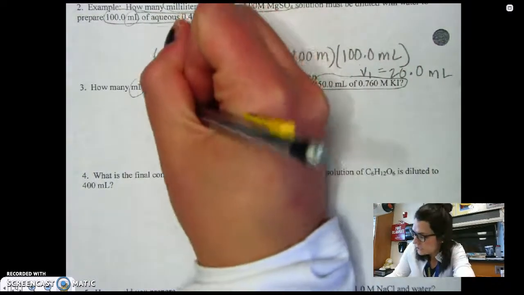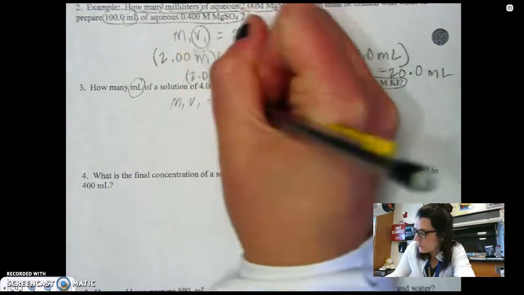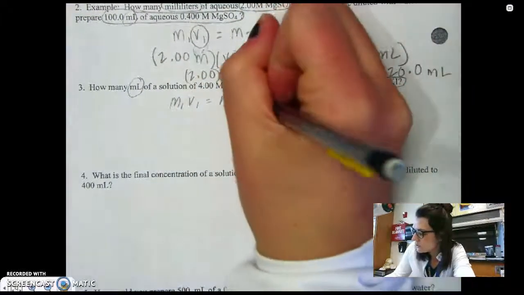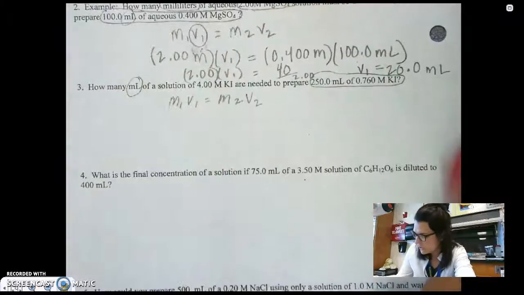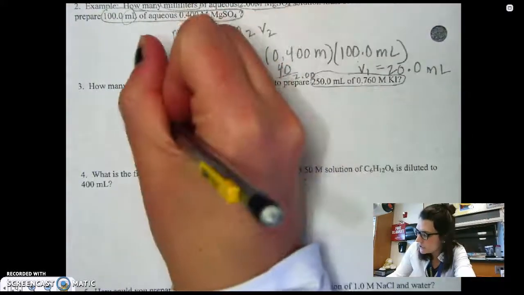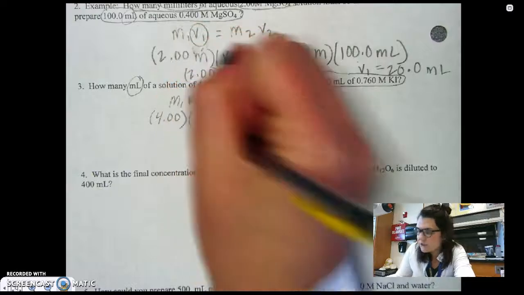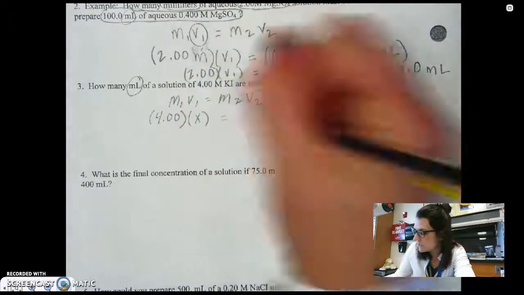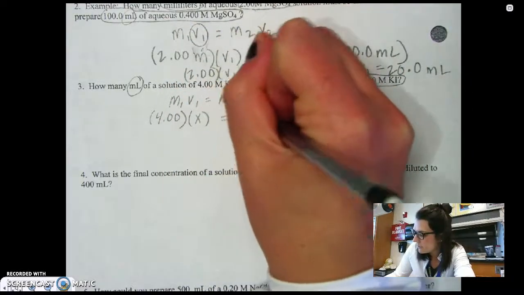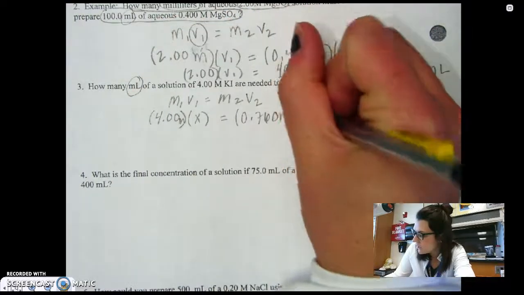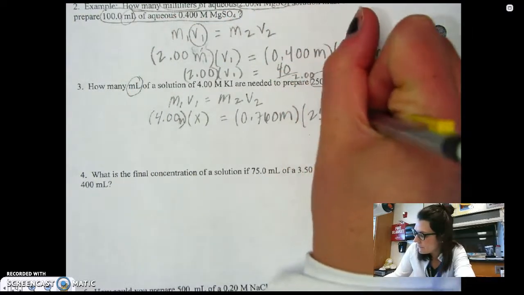So I'm, again, doing M1V1 is equal to M2V2, and I'm going to plug my numbers in here. Okay, so my initial molarity is 4.00, and I'm trying to figure out how much of that I need to get a solution that is 0.760 molar times, and I want 250 milliliters of it.